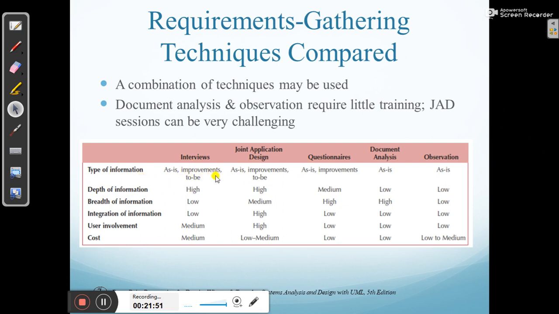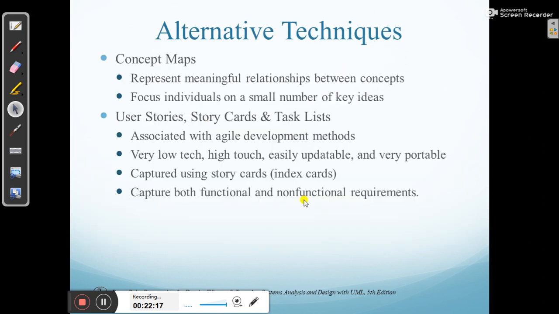Interview is as-is or improvements to-be. The depth of information might be high in interview and high in joint application design, questionnaires might be medium, document analysis low, and observation also low. In that way, you can find through this chart how each can be effective in different scenarios. There might be alternative techniques also.